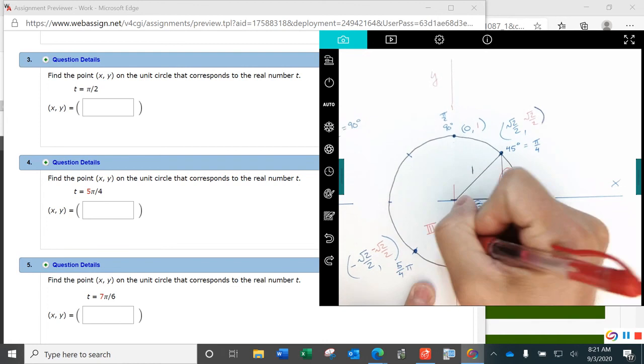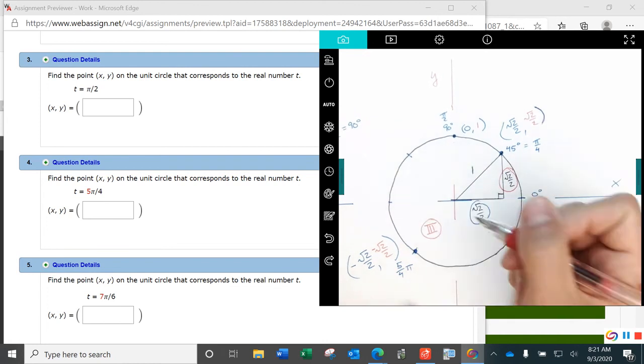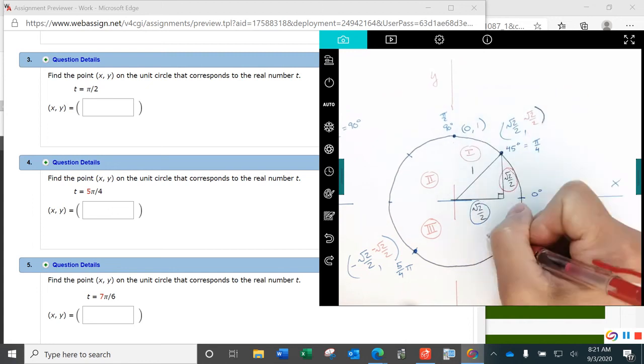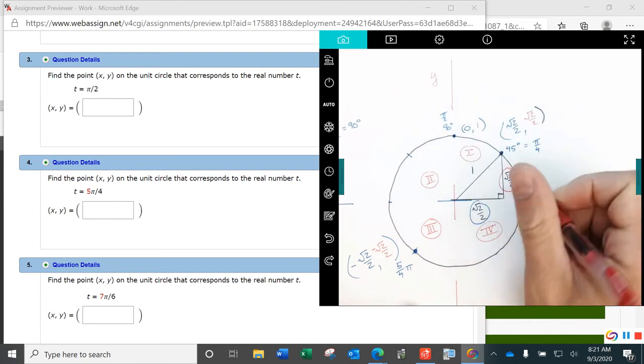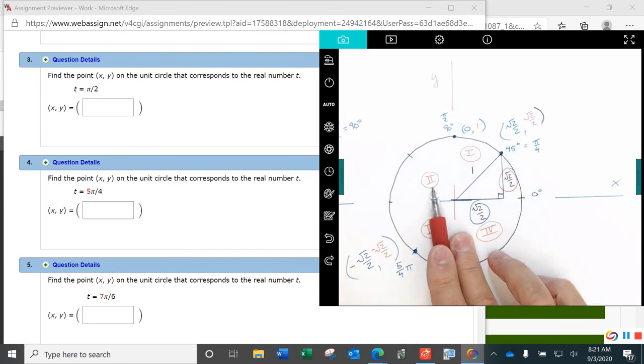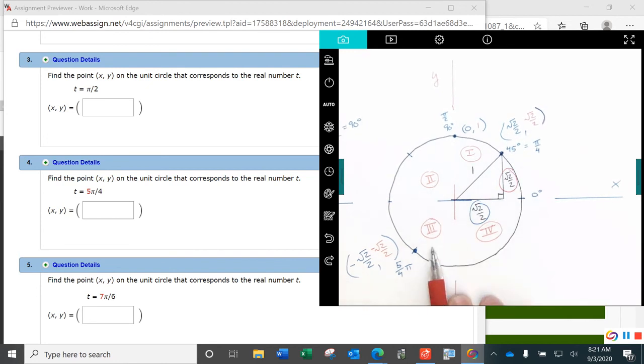You remember quadrant 3, quadrant 2, quadrant 1, and quadrant 4. In quadrant 1, both x and y are positive. In quadrant 2, x is negative, y is positive. Quadrant 3, they're both negative. Quadrant 4, x is positive, y is negative.